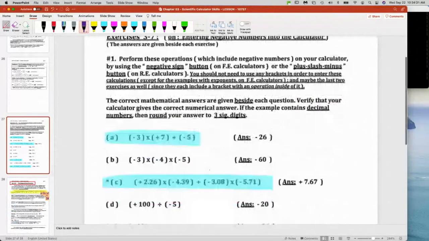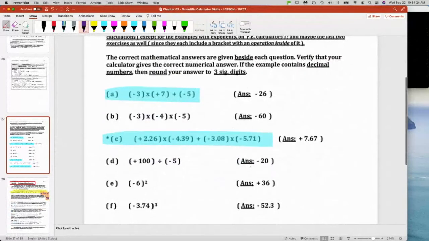So anyway, I'd like you to take a moment and see if you can do A and C. Just grab your calculators. I know this is probably really tedious for some people, but let's see if you can get through A and C there. Let me know in the chat if you got them both right.